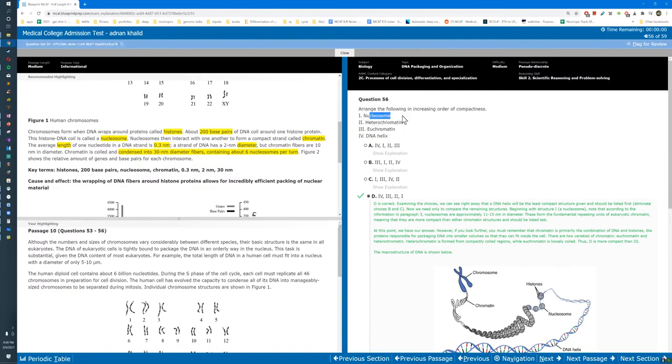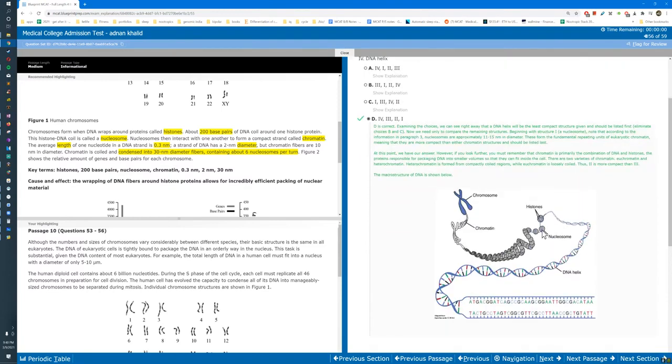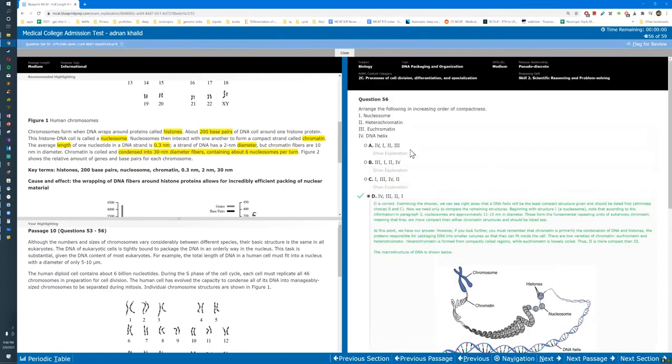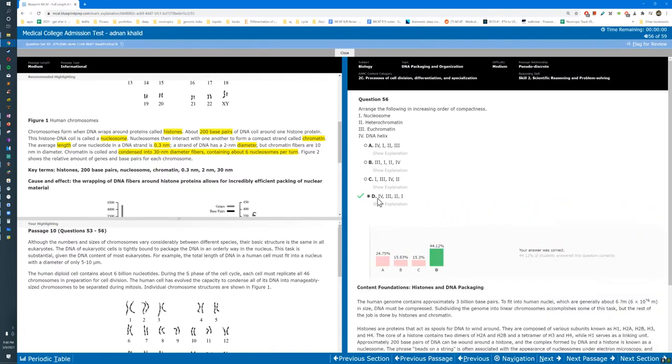But you need to know about the nucleosome. Multiple nucleosomes create the chromatin. So the nucleosome is the most compact because it's literally just smaller. It's not even a fair comparison, so that's going to be at the end. As long as you get the beginning and the end, you get the answer.